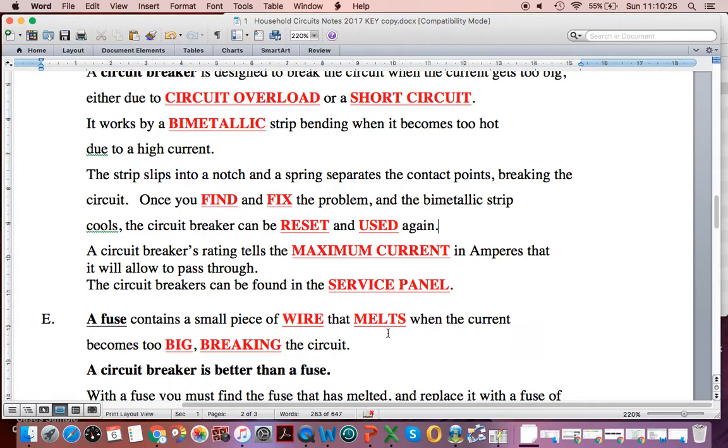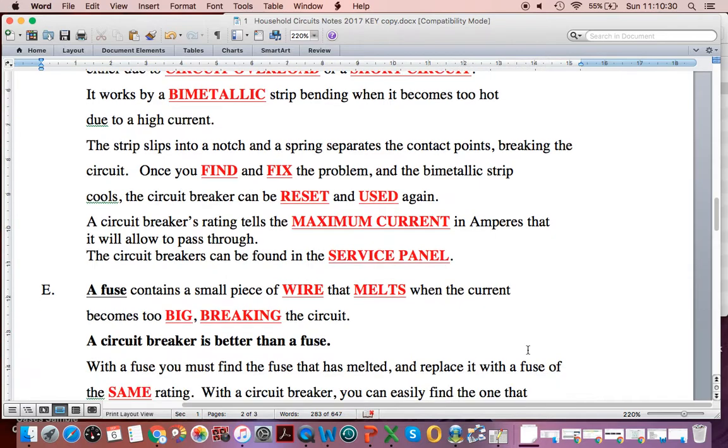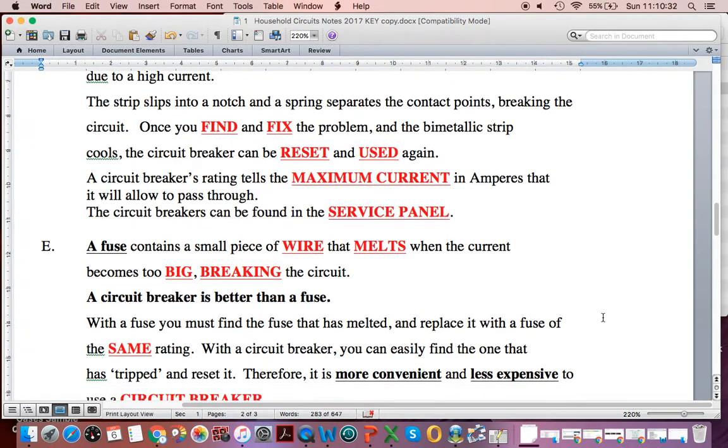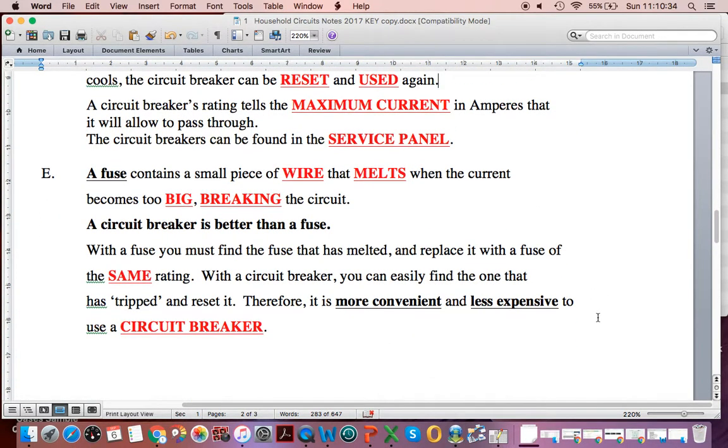So instead of having a bimetallic strip that bends, it has a wire that melts. But the important thing is it does work like a circuit breaker and stops the current from getting too big, potentially causing a fire. And with a fuse, since you have to replace it, you got to make sure you get a fuse with the right rating. So overall, much more convenient and cheaper to use a circuit breaker.